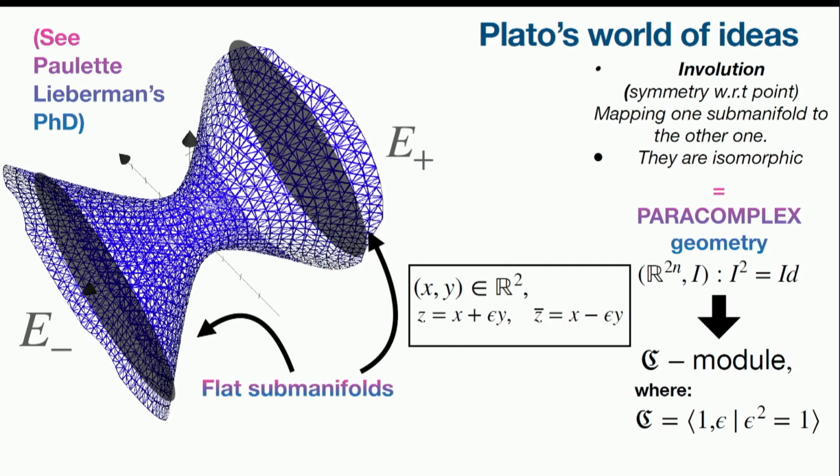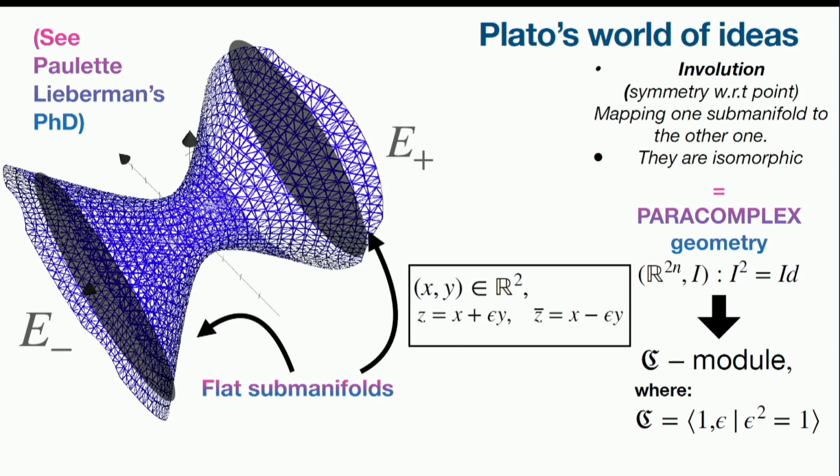And I want to say something related to my approach of the Frobenius manifold structure. Well, it's a very interesting story that happens here. I like to think of Plato's world of ideas, because we're catching some geometric ideas floating around us. There is a structure appearing that I call the paracomplex structure.